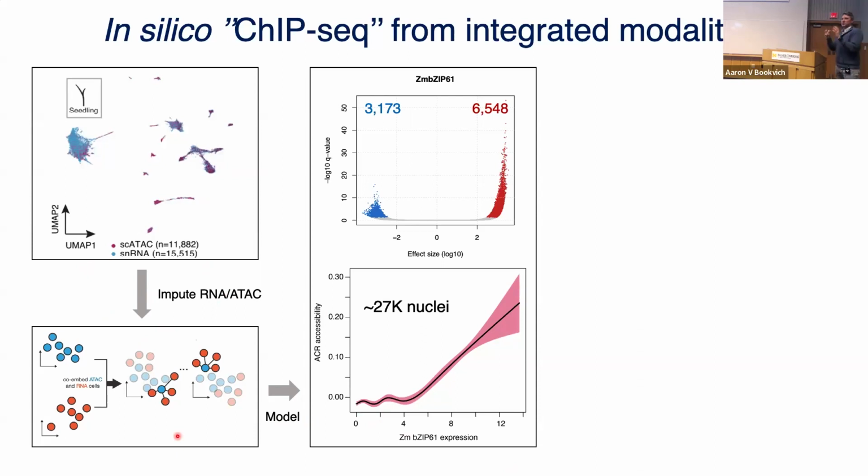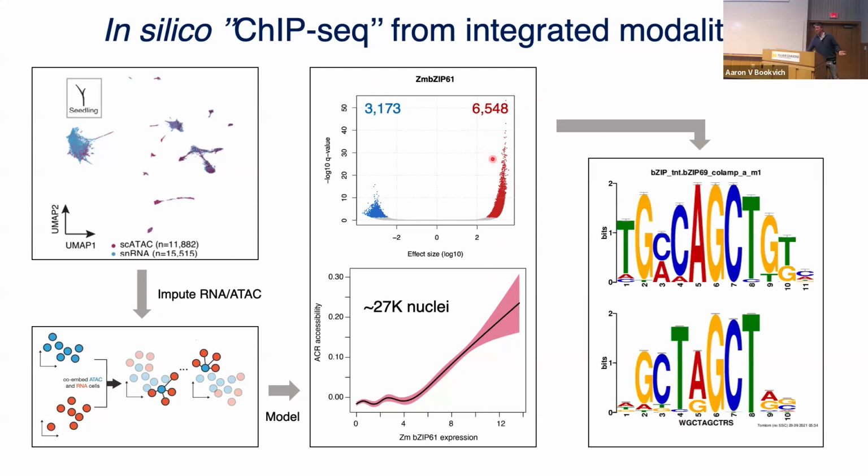You could do this in very specific cellular contexts, so you can split up your cell types and run the association. You see the association disappear in different cellular contexts. Maybe the gene never expresses at all, in which case you won't find an association. And so when you do that, you can identify all the regions of the genome that have a strong positive association between the level of accessibility and the expression of some transcription factor.